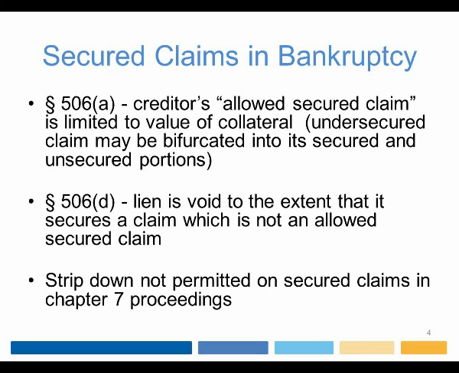Well, you don't get to do that in a Chapter 7 because of a Supreme Court decision, the Dewsnup case, that said that kind of strip down and avoidance of the lien under 506(d) cannot happen in a Chapter 7.